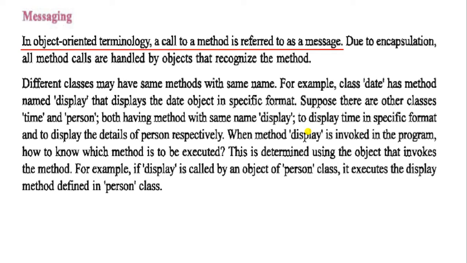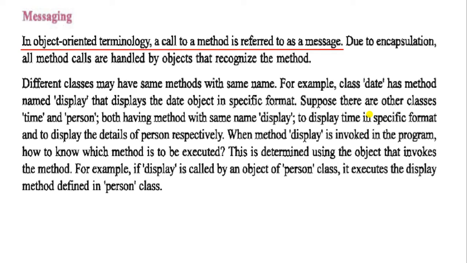Different classes may have the same method with the same name. For example, the class date has a method named display that displays the date object in a specific format. Suppose there are other classes, time and person, both having a method with the same name.